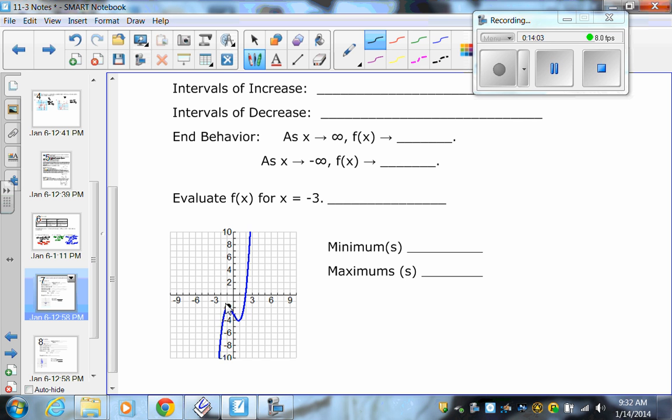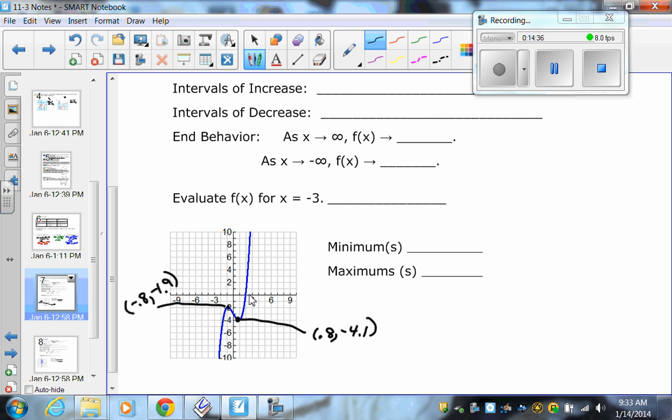And when I do that, I get that this point is at, I'm just going to put it off the side so you can read it, negative 0.8, negative 1.9. And then this point down here is at 0.8, negative 4.1.